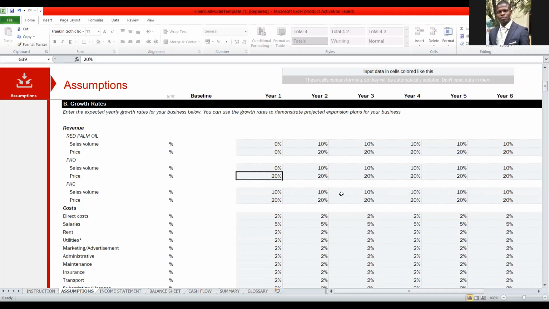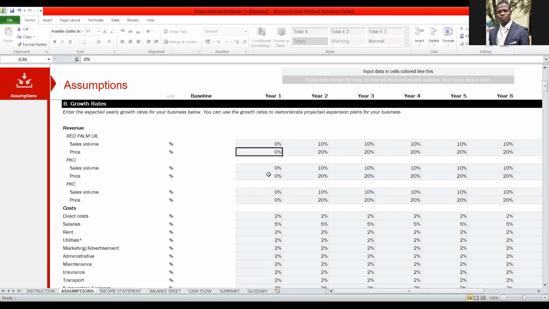For the 3 products, we are about to forecast our revenue. As you are providing the figures, it is automatically reflecting in your income statement, and your balance sheet and cash flow are also forming themselves based on the information that you are providing. So for a startup business, you can use 0 as your baseline.